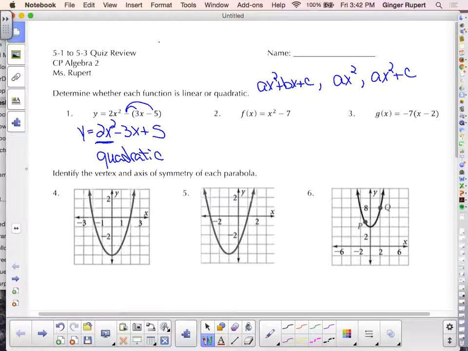I see I have x squared minus 7, so I know that that is also a quadratic model. The last one, I have to distribute the negative 7 inside the parentheses. It's going to give me g of x is equal to negative 7x plus 14. It doesn't have a squared term, so I know that that is a linear function.